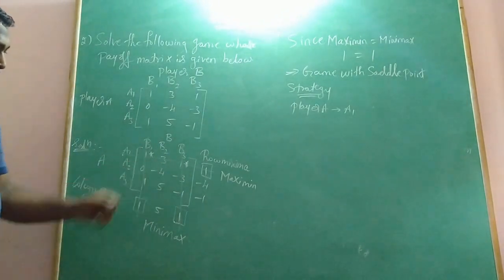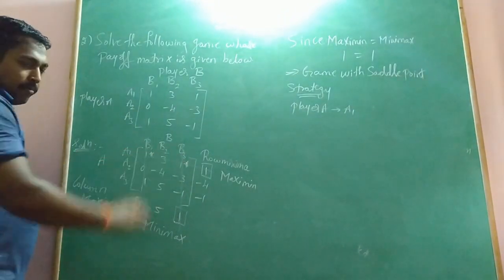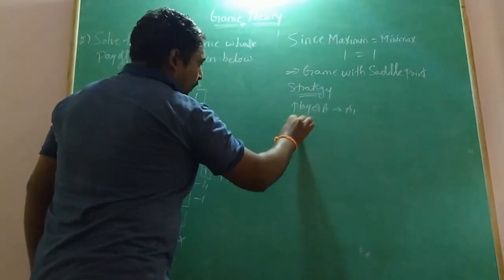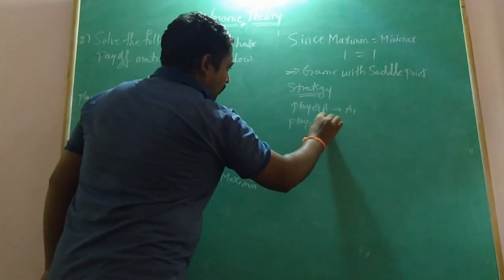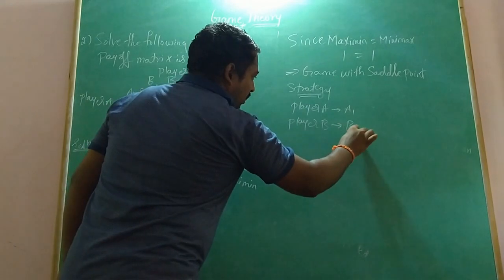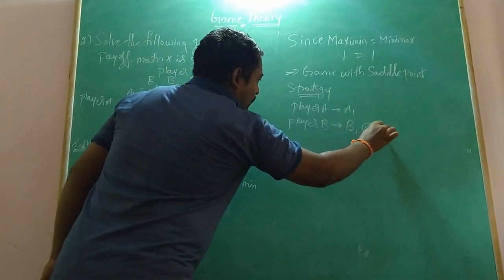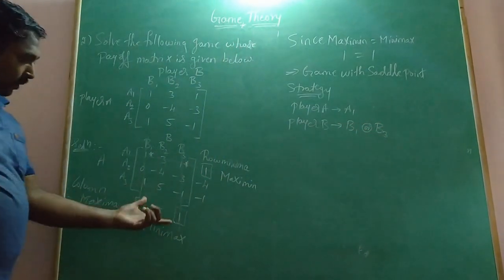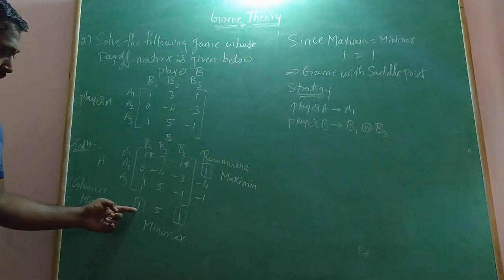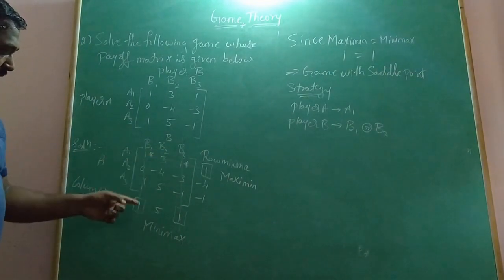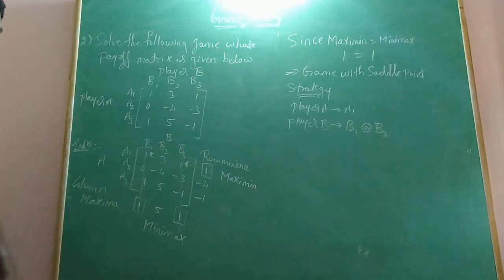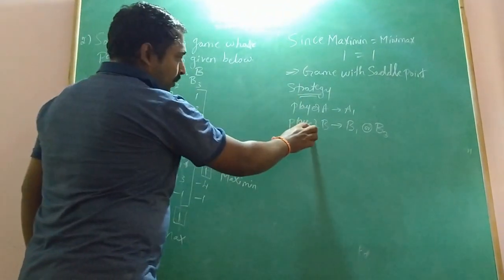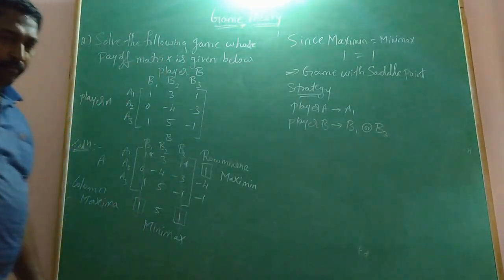And to find the strategy, here you have B1, B2, B3. Therefore, for player B, with respect to the minimax value, the strategy is B1 and B3, and hence the strategy for player B is either B1 or B3.